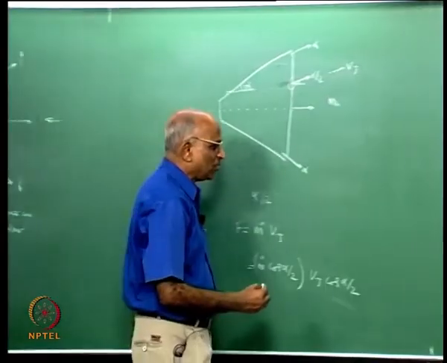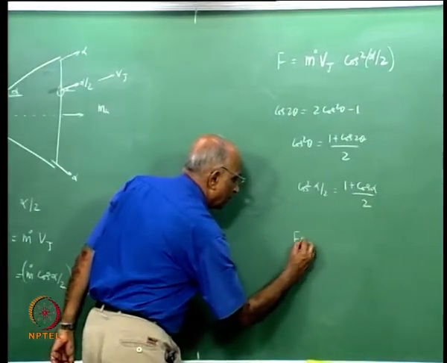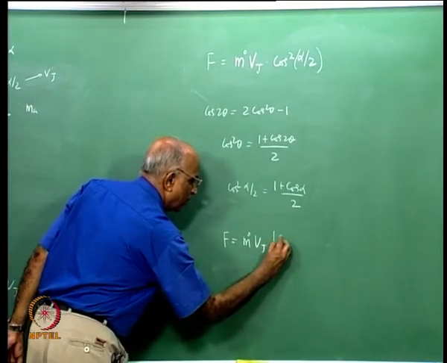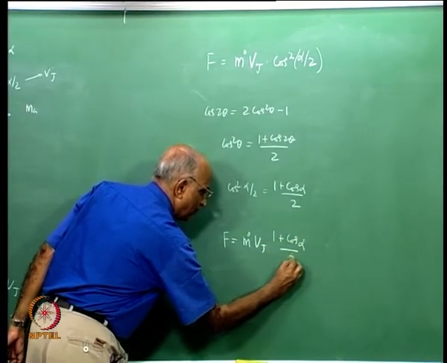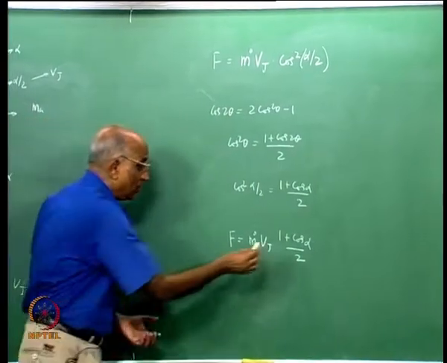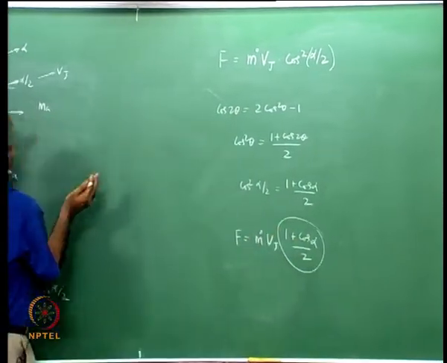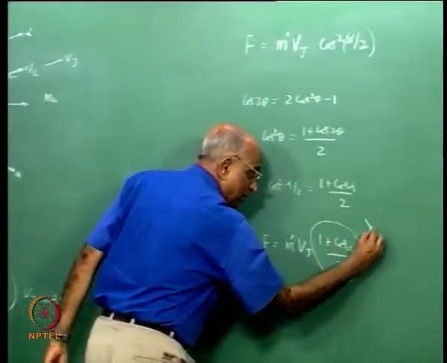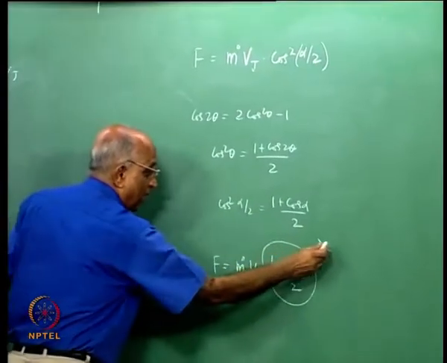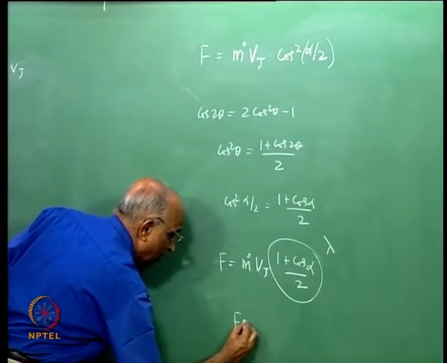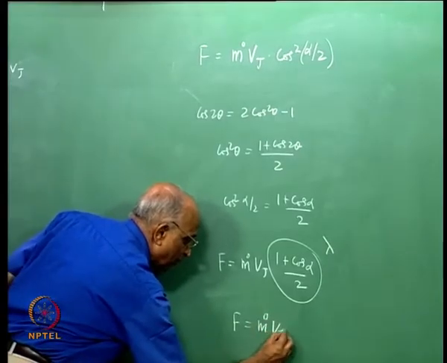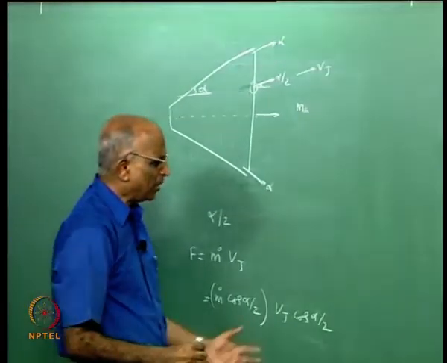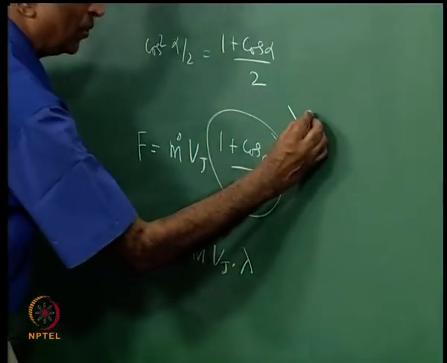Therefore, now I get the thrust of a nozzle F is equal to m dot Vj into 1 plus cos alpha by 2, and this is the loss due to the divergence, denoted by the letter lambda, and we say lambda corresponds to divergence loss, or F is equal to m dot Vj into lambda, where lambda is the loss due to divergence.